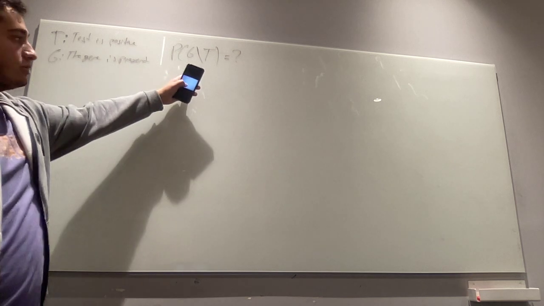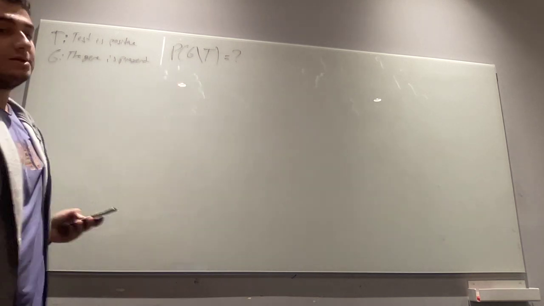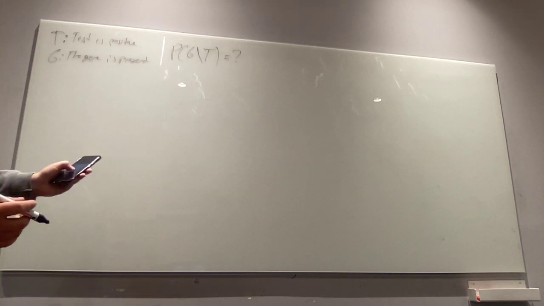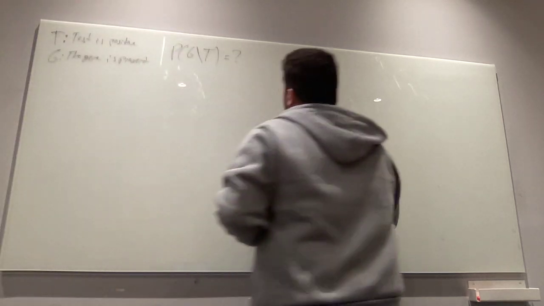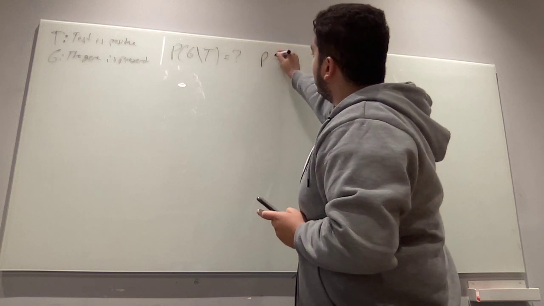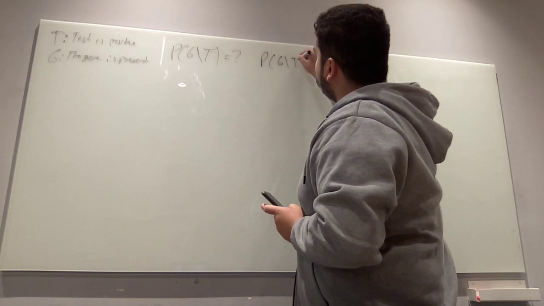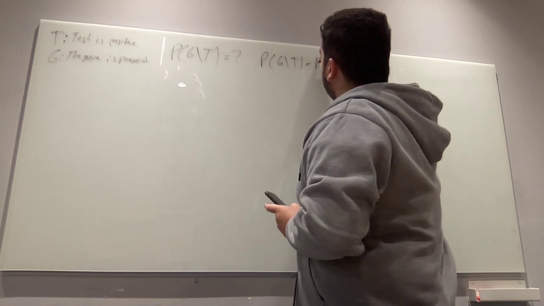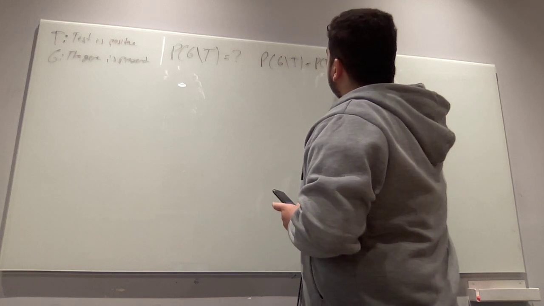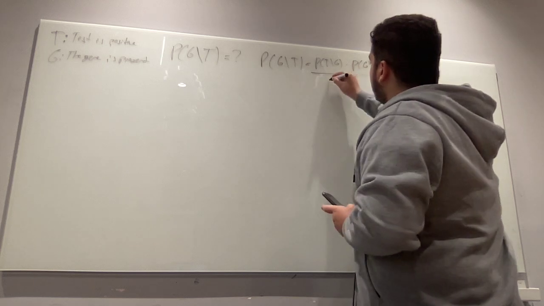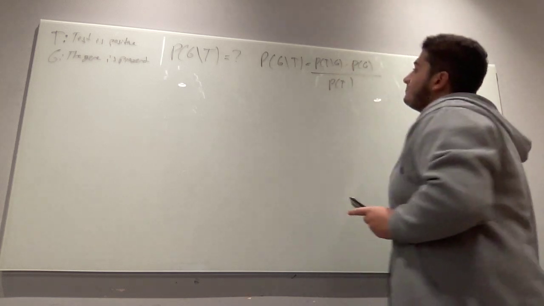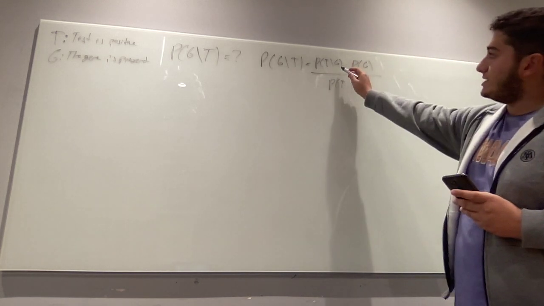What can I do? We will use Bayes theorem again because that's hard to calculate, but knowing the converse of it is much easier. Let me show. Probability G given T equals probability T given G times probability G over probability T. That's easier.